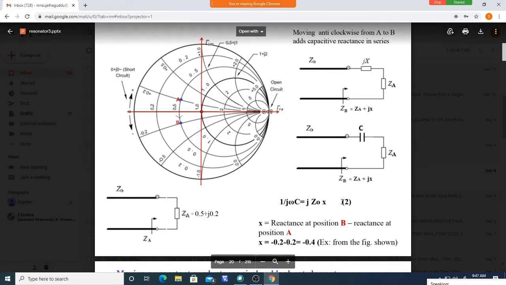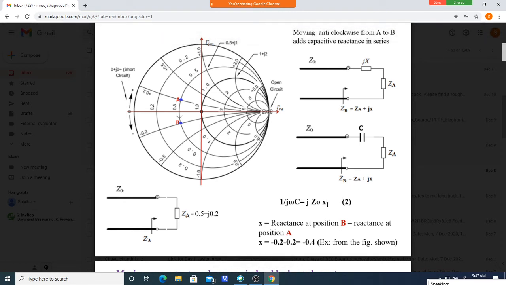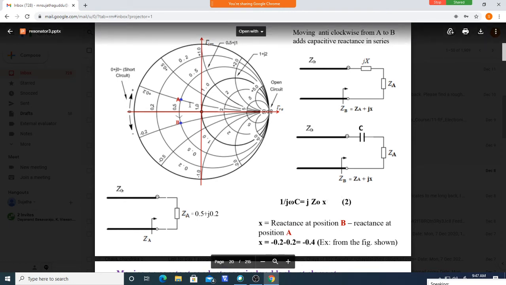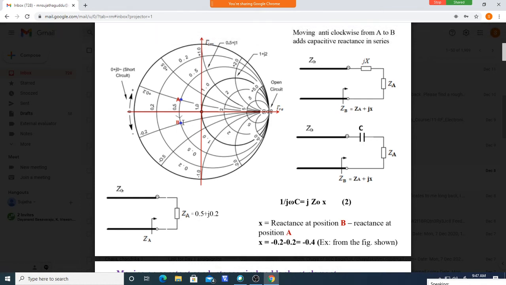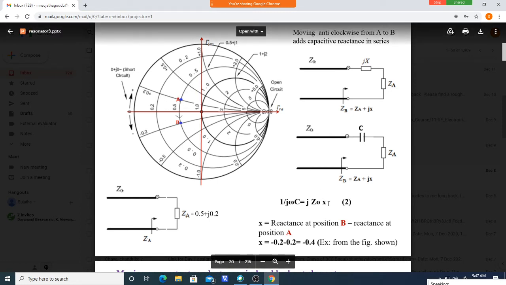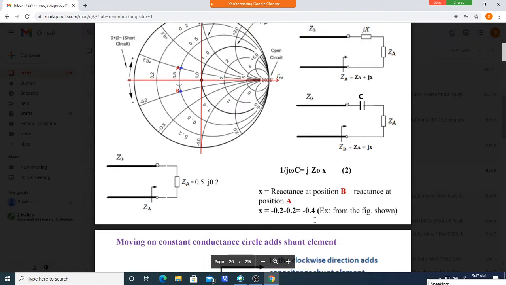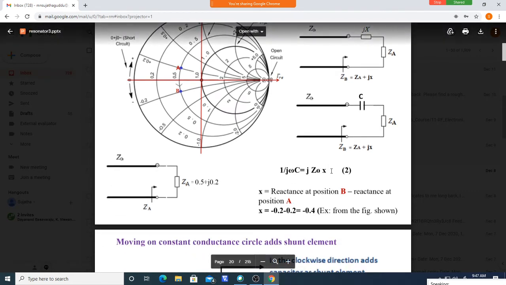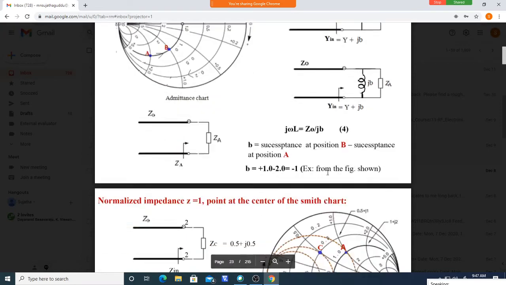This is the equation, and you should know the X value. How do you find the X value? You take the initial point; the final point you know. You read the reactance at the initial point and at the final point, take the difference and get the value. Substitute that here and get the C value.